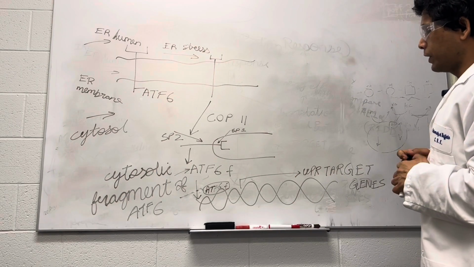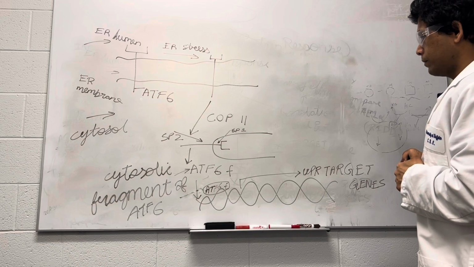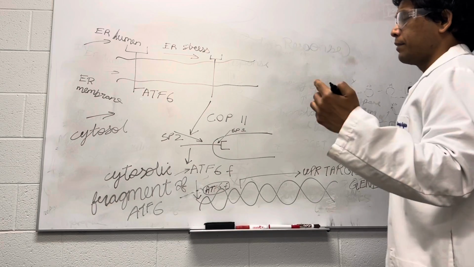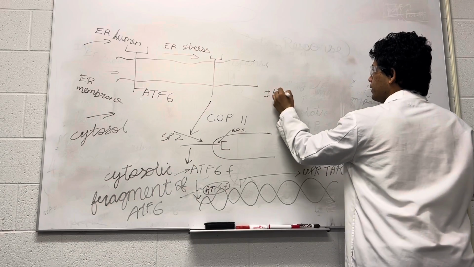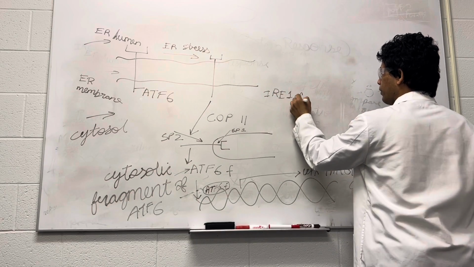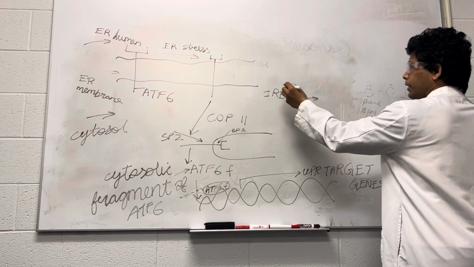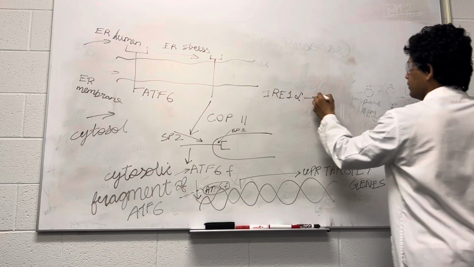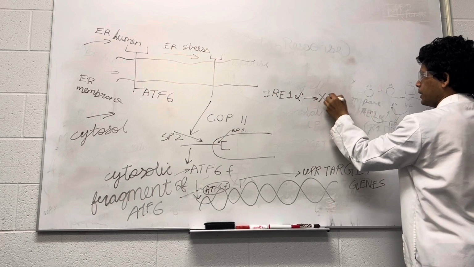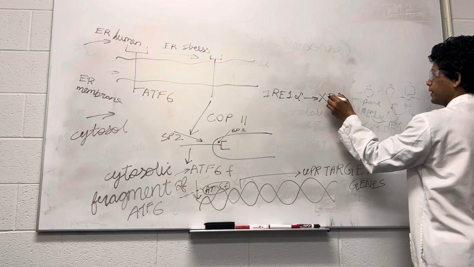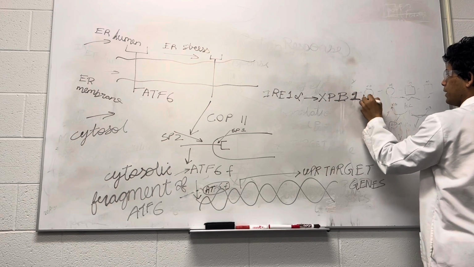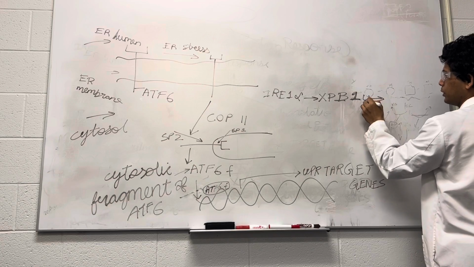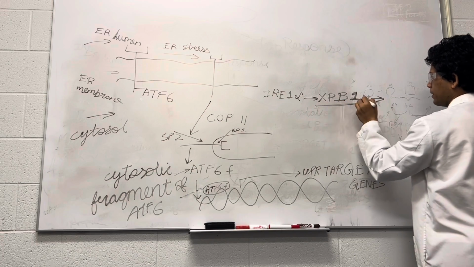As we know, in the first signal, IRE1 alpha will splice the XBP1, which is usually present as unspliced mRNA in normal conditions.